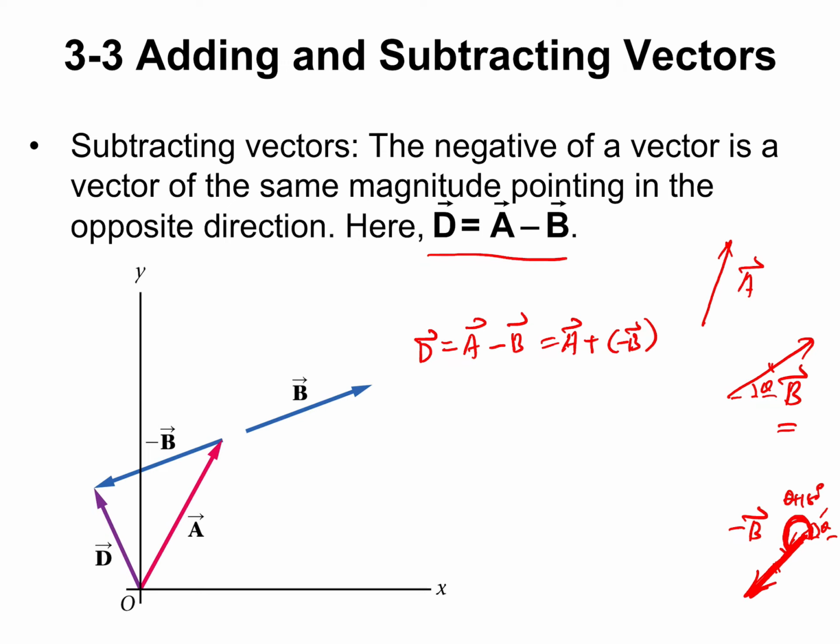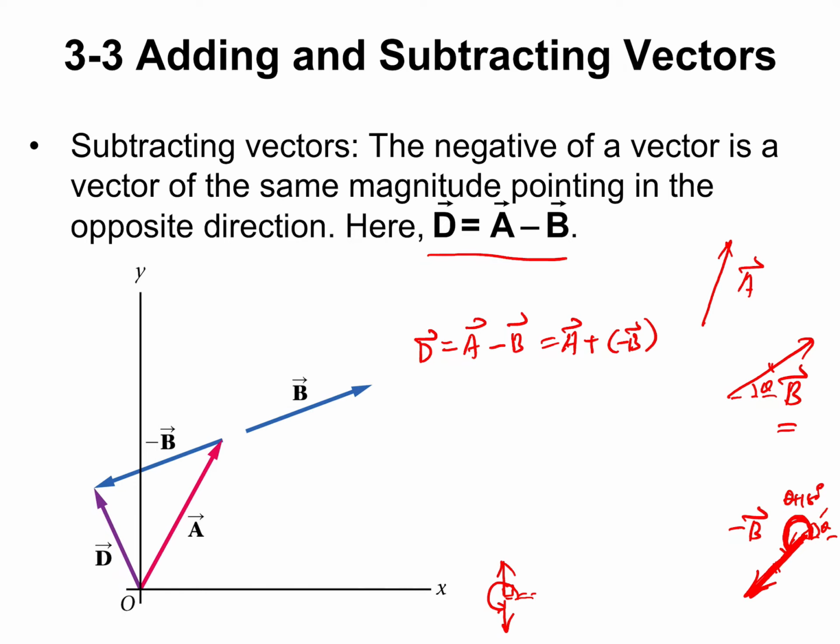Okay, so if your angle here is 90, so this is 90. What's the opposite direction? Opposite actually is this direction, right? And what's the angle? The angle here is 90 plus 180. This is 270 degrees.